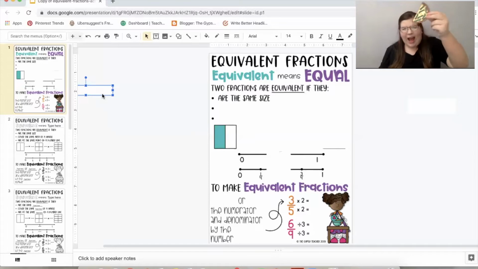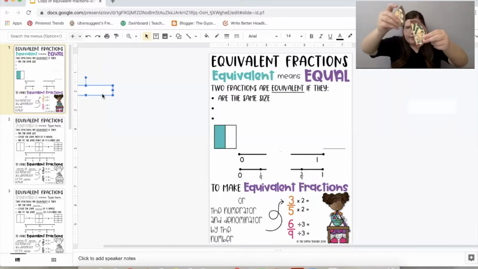So how do I know if 1/2 equals 2/4? Well, one way I can do that is by seeing if they are the same size, okay? There's 1/4, everyone say 1/4. 2/4. Are they the same size? Yeah, so they are equivalent.